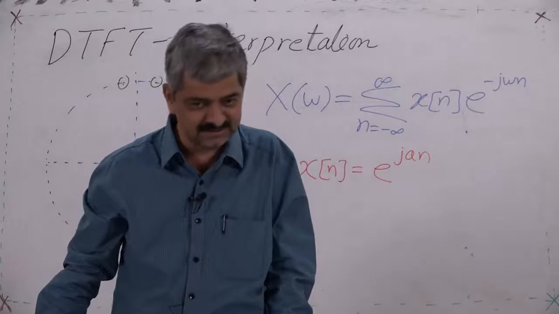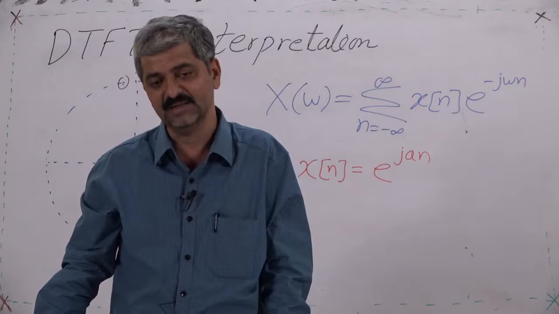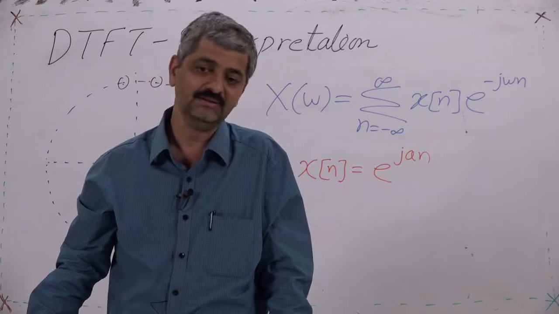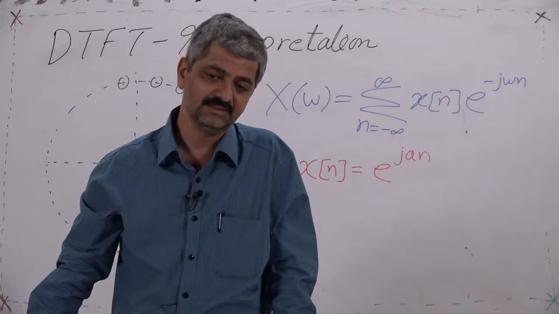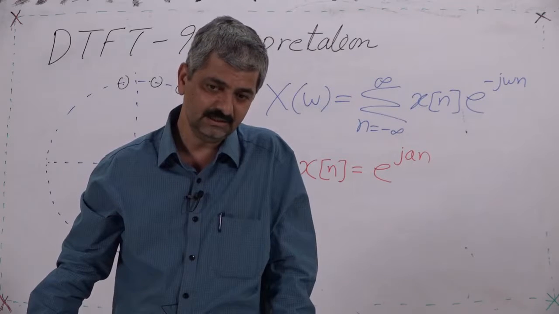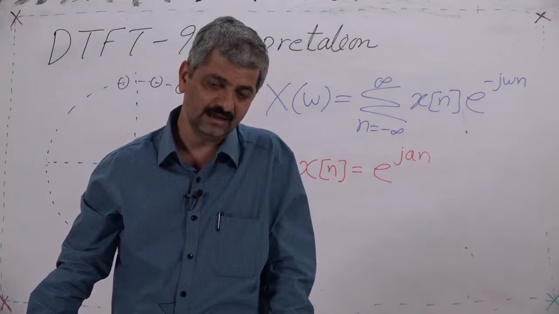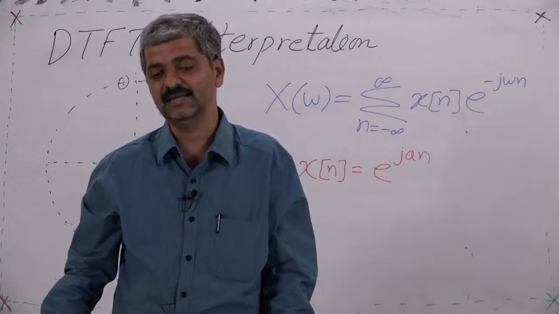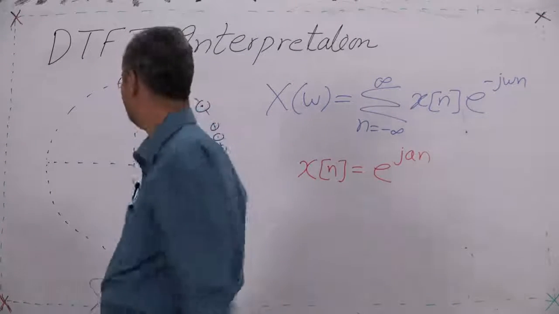So as n increases, the angle subtended would be a n. If the angle is positive, what will happen?